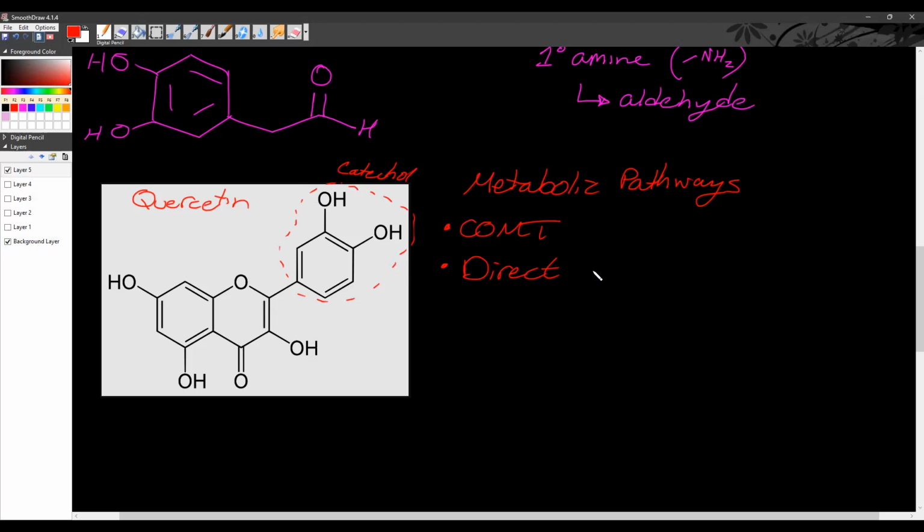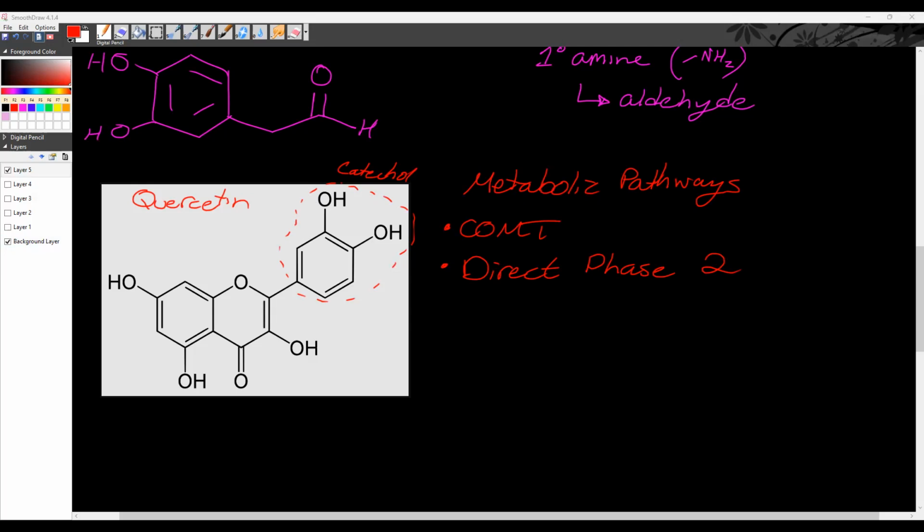I would agree. I see esterase. No, yeah, it looks like there's an ester here, but this is just a ketone.